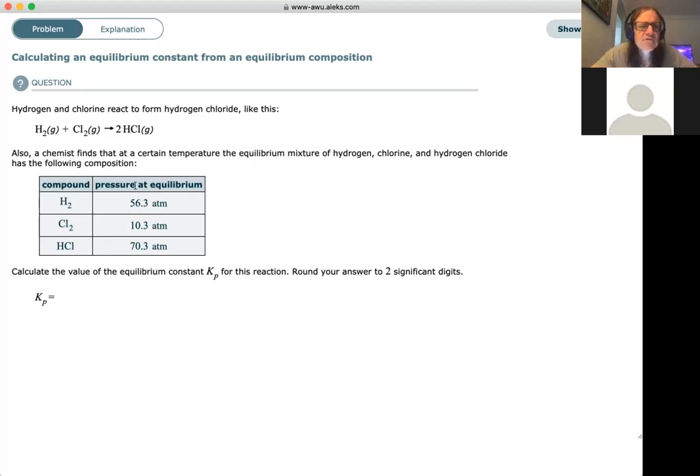So here's our balanced equation. It is balanced. We have our equilibrium pressures, so we can calculate Kp. Let's go through it. H2 plus Cl2 goes to 2HCl.